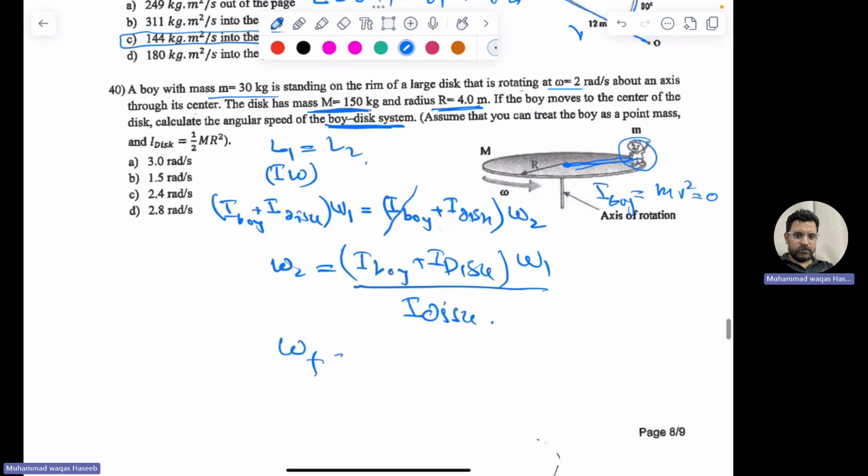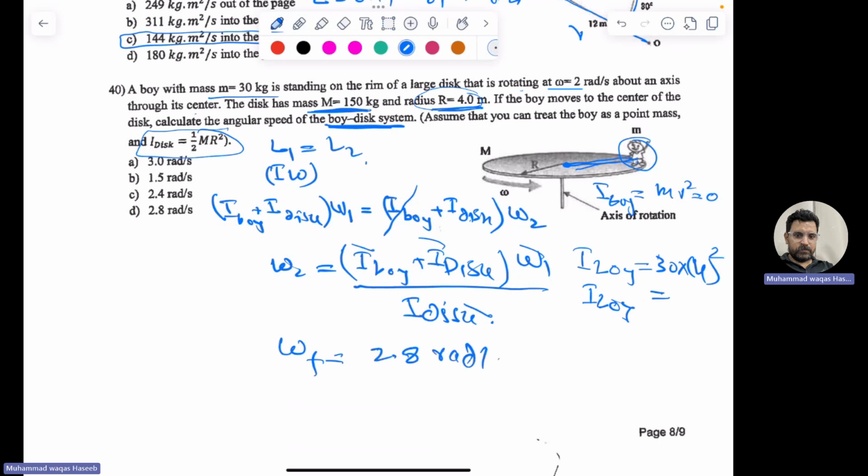So you calculate; you have I boy and I disk, and this is the radius. I boy can be found from the boy's mass, which is 30, and the radius, which is 4 squared. So you can find I boy as well. Substitute these values into it, and you will get 2.8 radian per second.